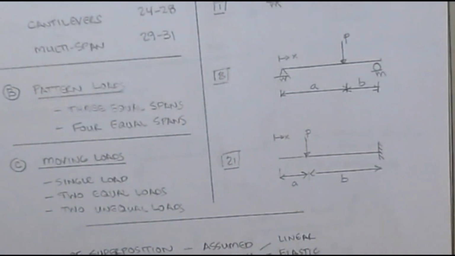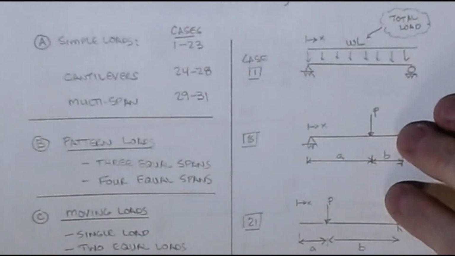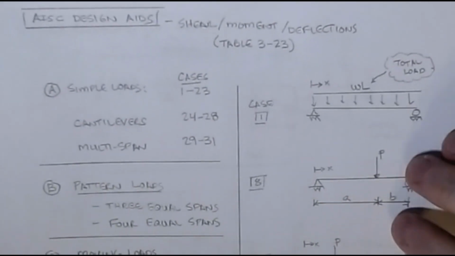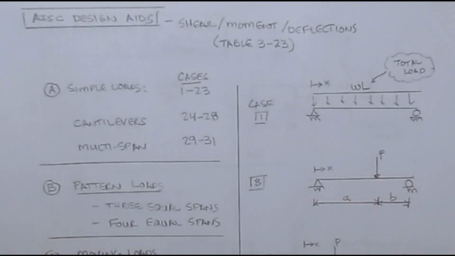Right now, the first thing I'm going to show you is some of the features of the AISC manual that help you with the structural analysis, because the structural analysis can be somewhat time consuming. I'll slide this down here a little bit so we can see it.